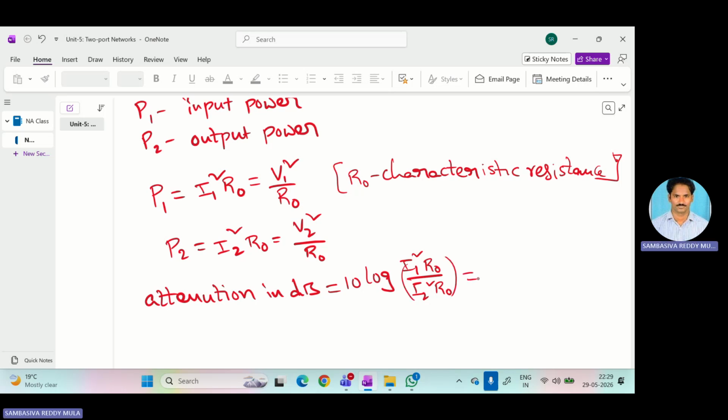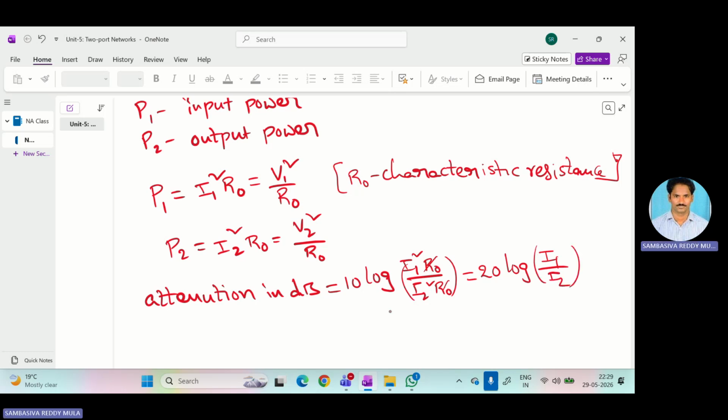If you take this ratio, R naught gets cancelled, and we get I1 by I2 whole square. If you keep this 2 outside, this becomes 20 log I1 by I2.